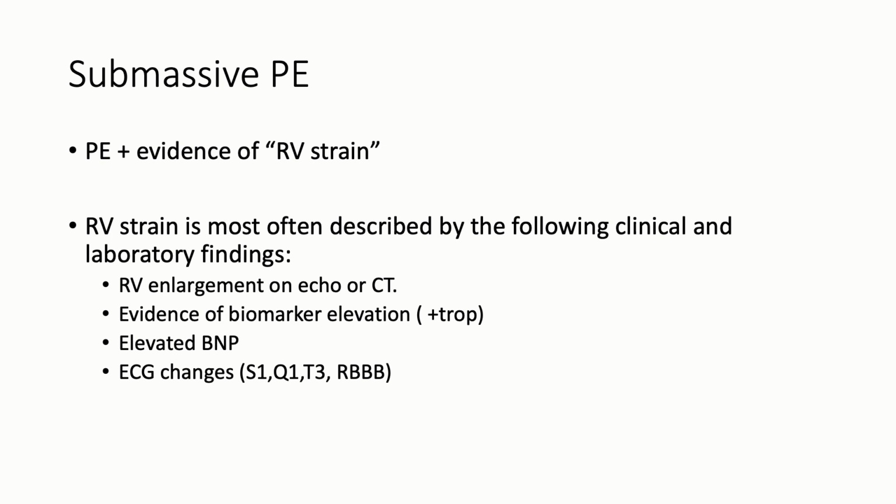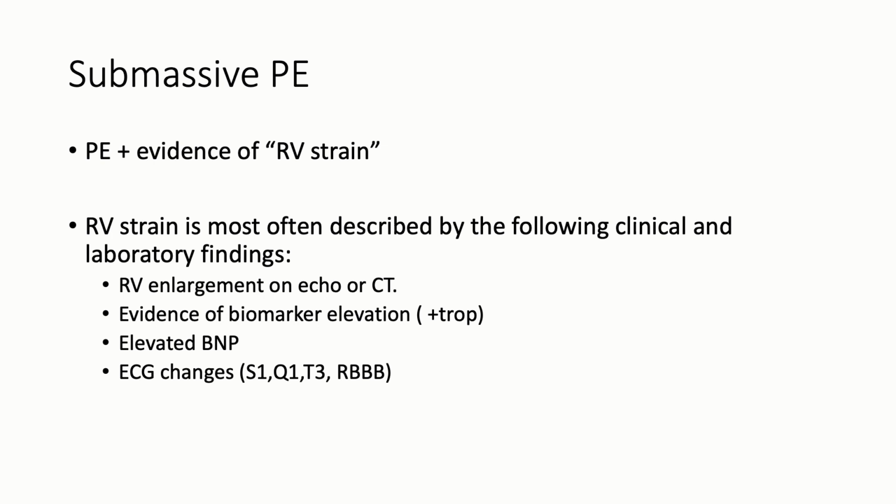RV strain is described by clinical and laboratory findings, and the things we're looking for to make that diagnosis are most often bedside point of care ultrasound or formal echocardiography imaging, which we would look to see evidence of RV enlargement. Or we do sometimes also look at RV enlargement on CT scan as kind of a poor man's quick and dirty echo.